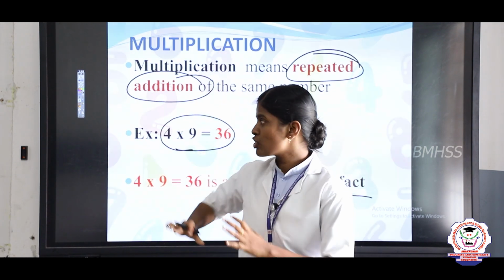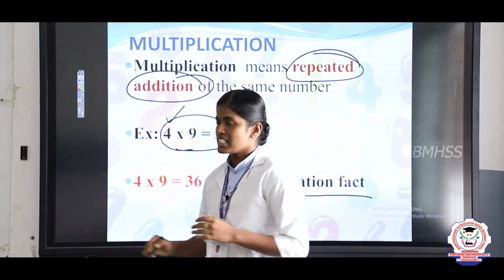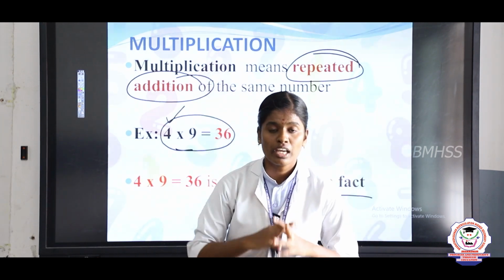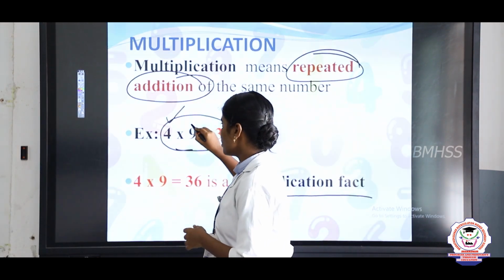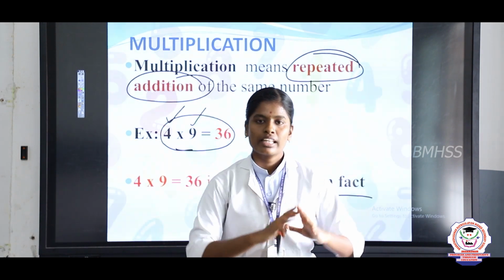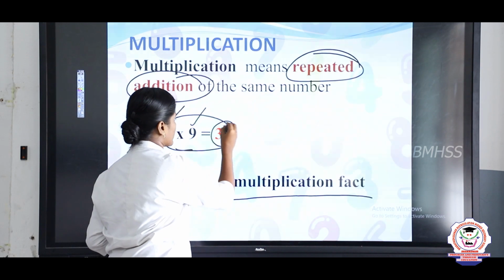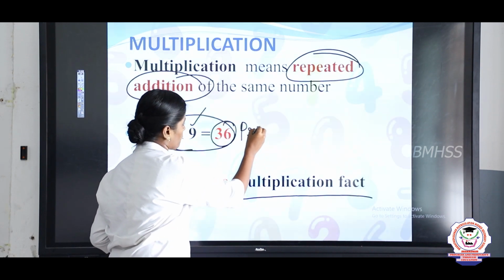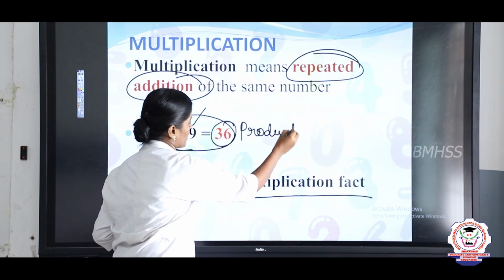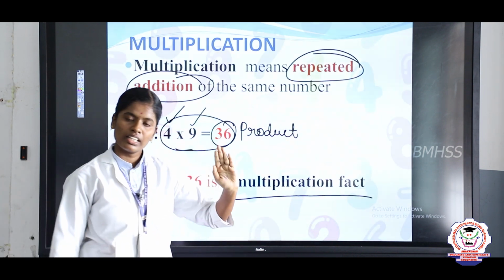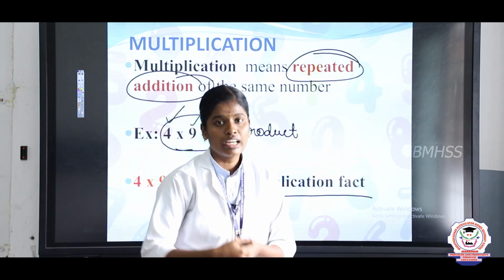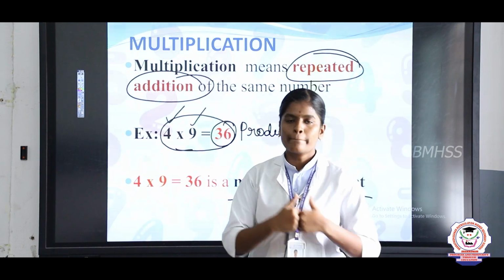The first number is called the multiplicand. The second number is called the multiplier. The final answer is called the product.